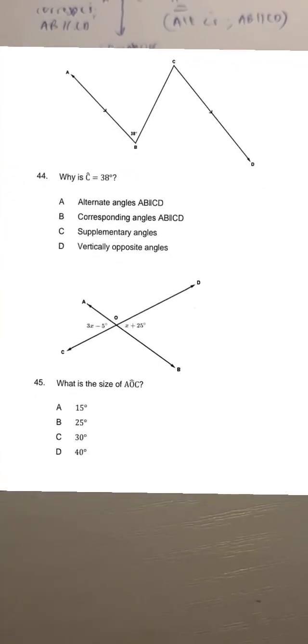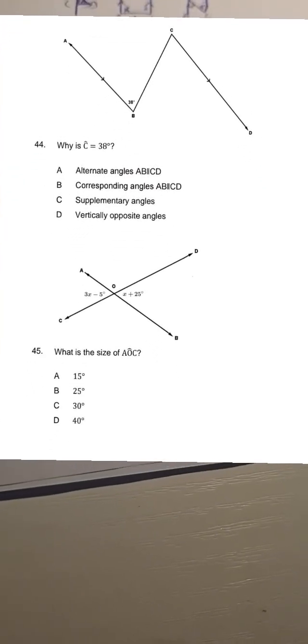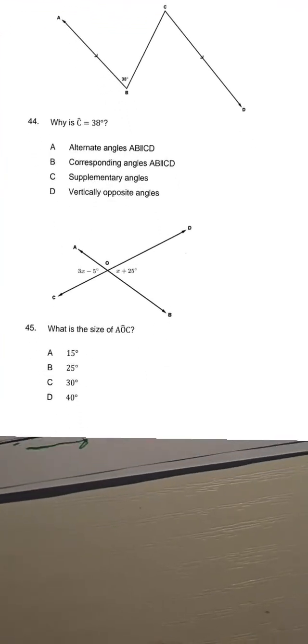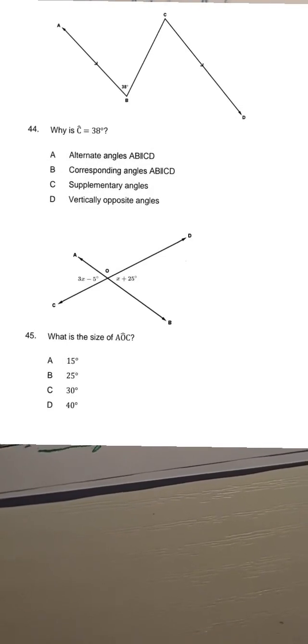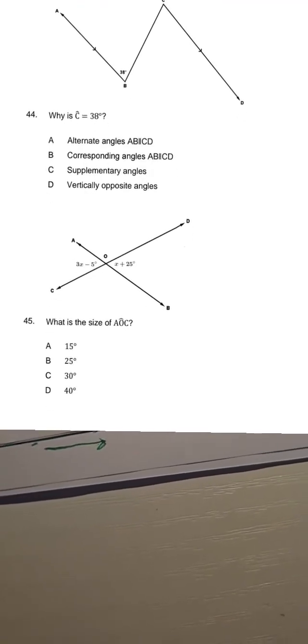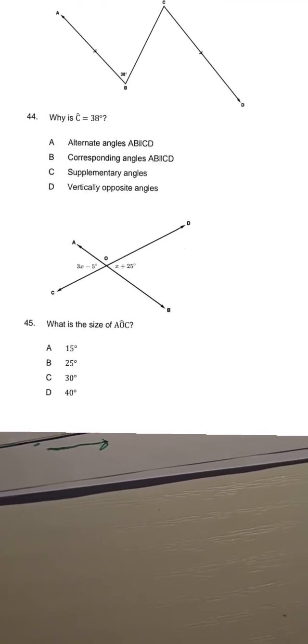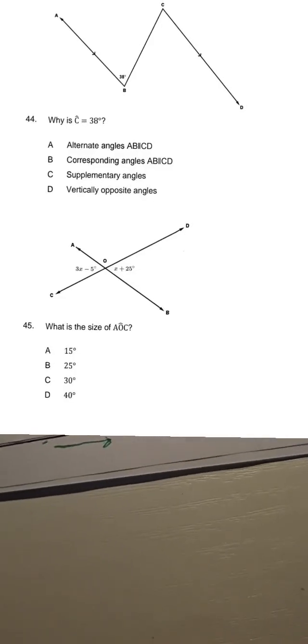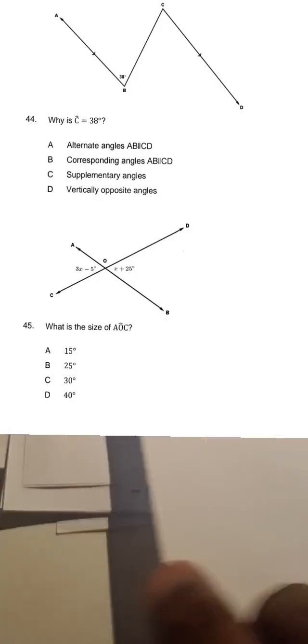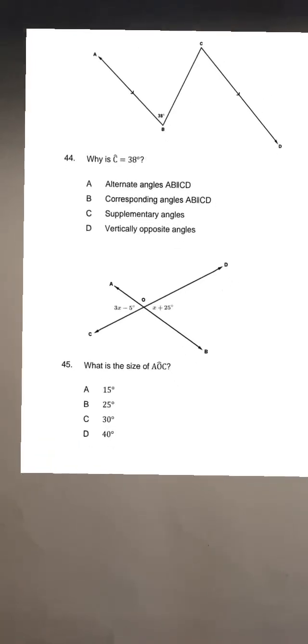But now they are asking us, what is the size of angle AOC? And as you can see from the options, all those options are numbers. They are numerical angles. Is it A 15 degrees, B 25 degrees, C 30 degrees, or D 40 degrees? So that's the $1 million question. What is the value of angle AOC?